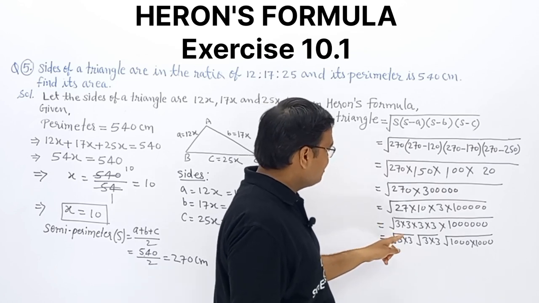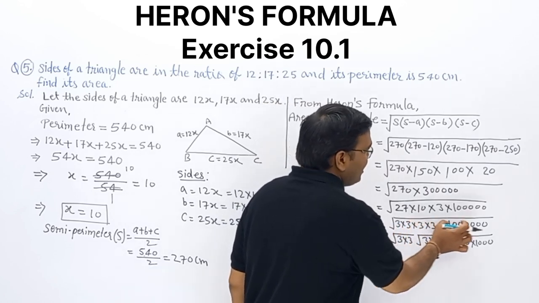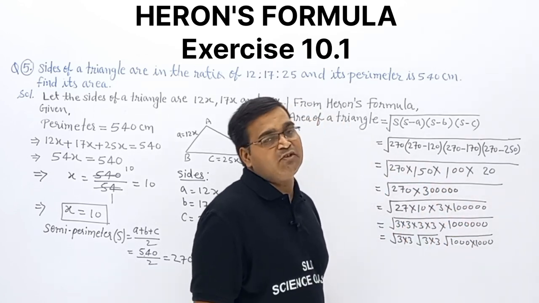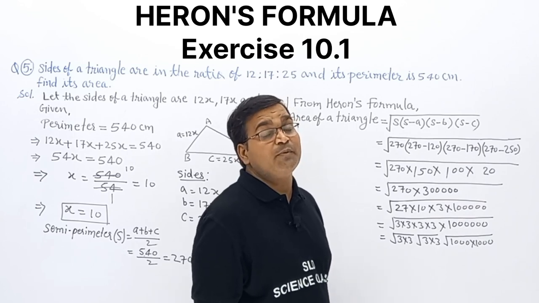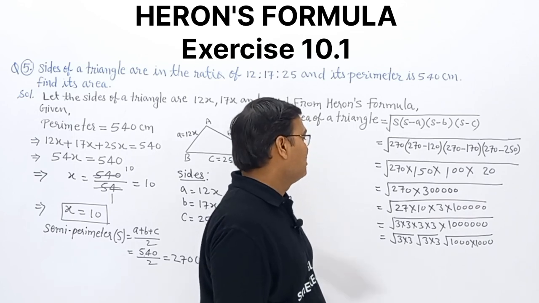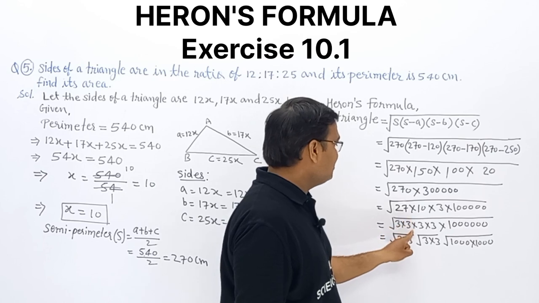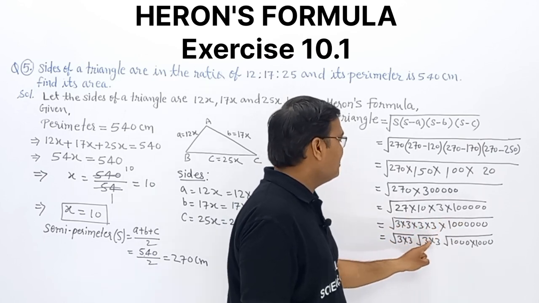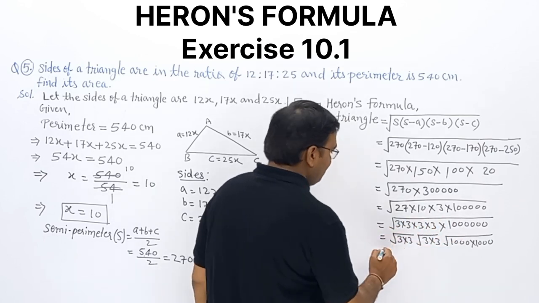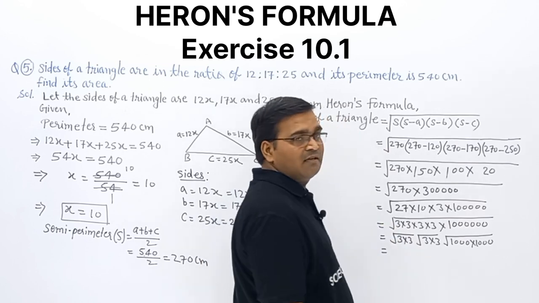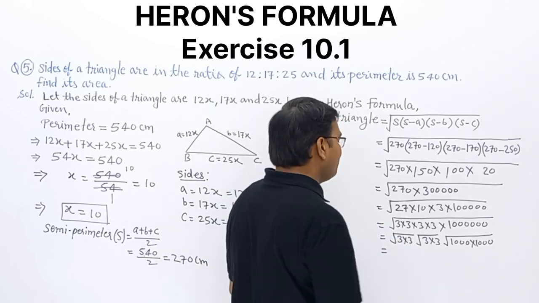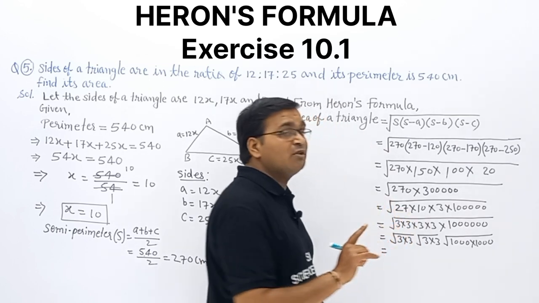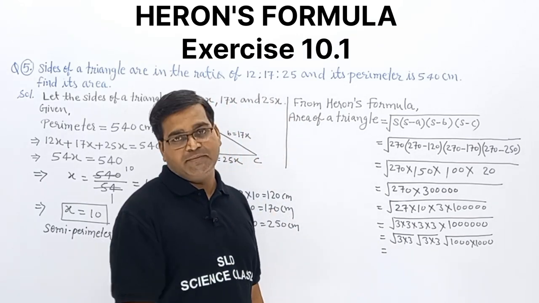Clear? It means these are perfect squares. Perfect square numbers we have. So we can convert this and this. Once we have two same numbers in the square root, then its square root is that number. Clear?